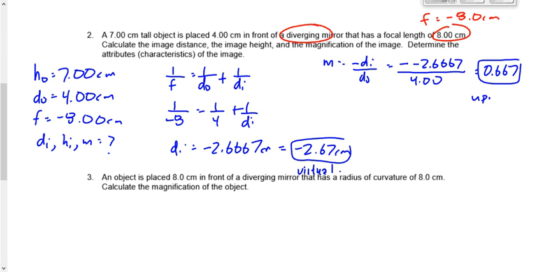The fact that that's smaller than 1 tells me that the image is smaller than the object. Now I do want to find the image height as well. Let's say M is equal to HI over HO. HI is M times HO. When we do that, HI works out to be 4.67 centimeters.